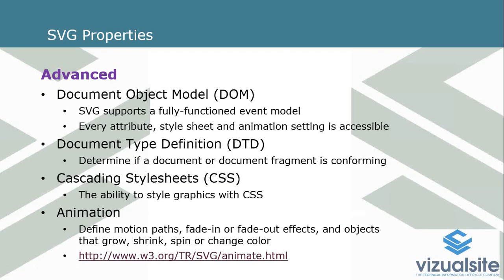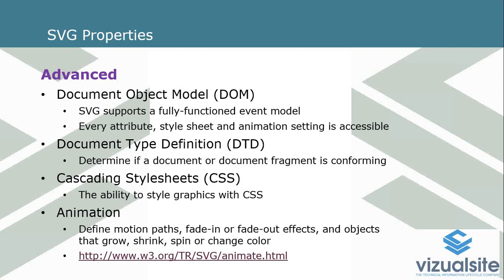So it is an advanced format, I would say. It's got a document object model, so we can have full control over the SVG, including style sheets and animation and so forth. It does have a document type definition, so in theory somebody could write a profile or a schema for industries such as S1000D and ATA.